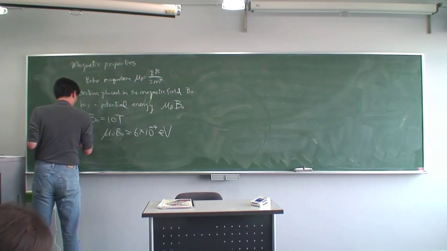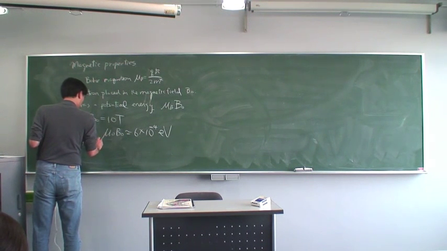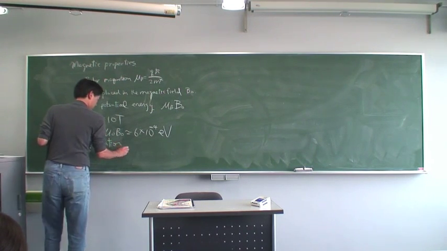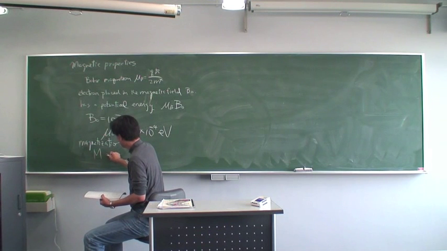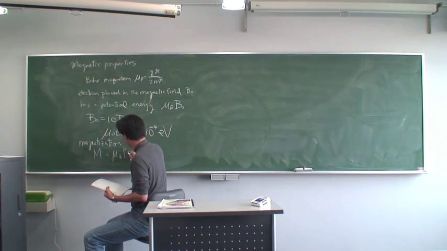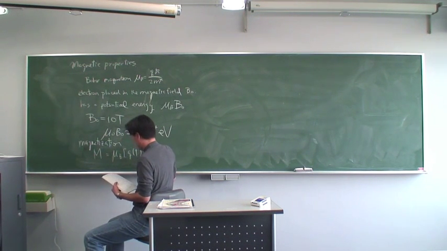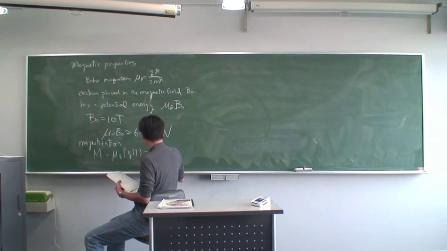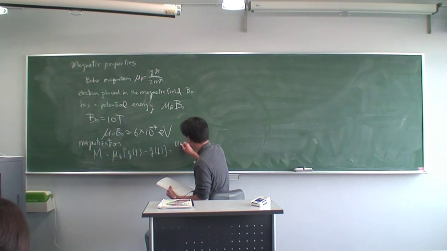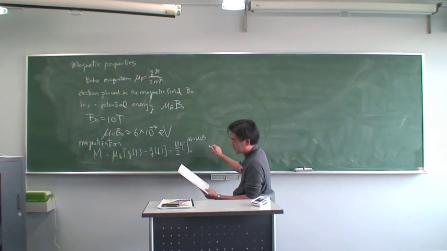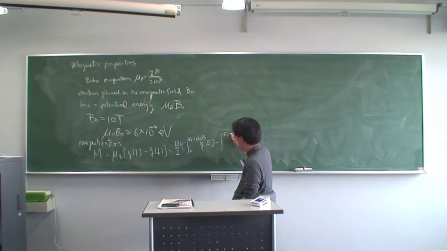So we define magnetization. Magnetization M is given by mu B times the difference between up and down, then you get the integral of g(E) minus EF.